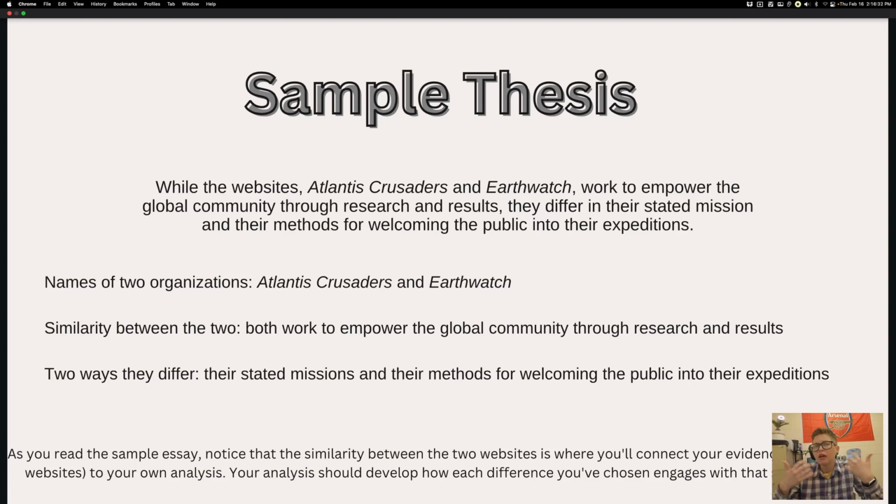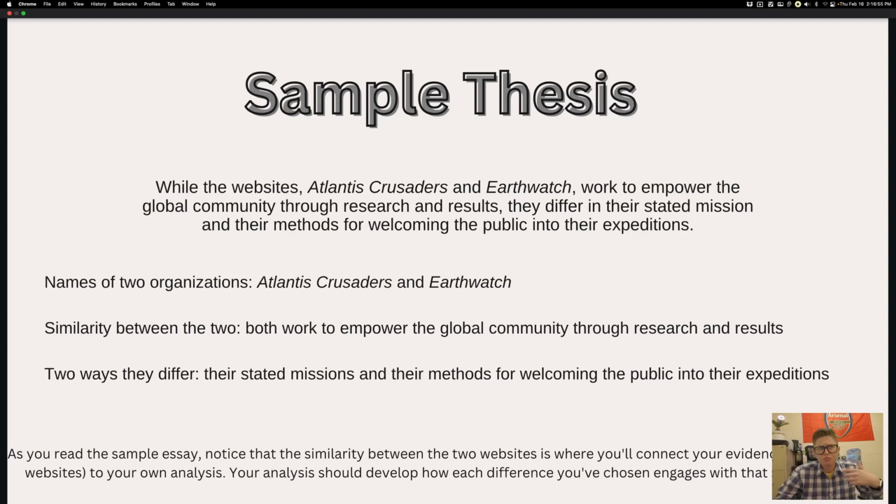This idea of empowerment and giving back is a major part of both of these websites. Now, two ways that they differ in sharing that message, though, is their stated missions and the methods for welcoming the public into their expeditions. All right, and then the essay is going to be about that.